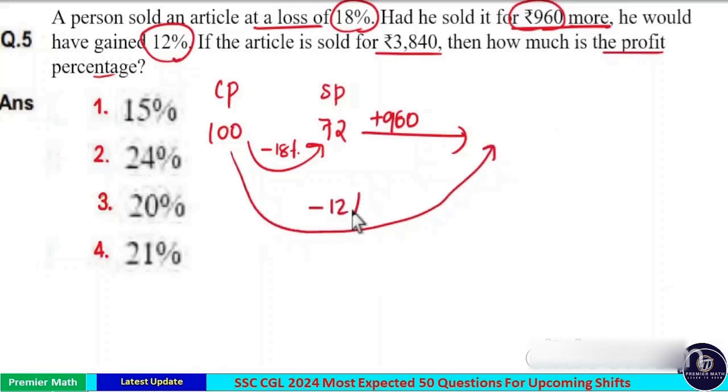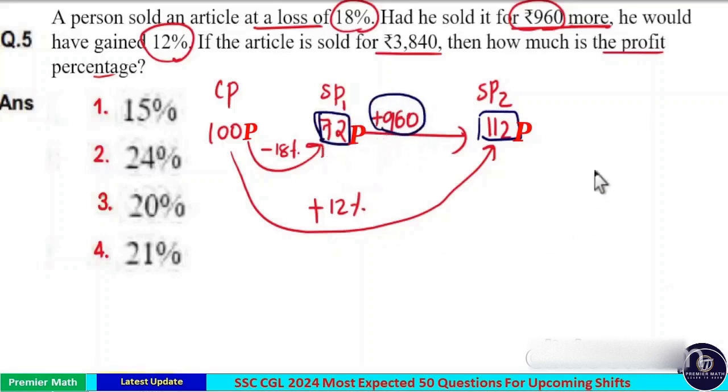12% gain means 100 plus 12, 112 is the second sell price. This is the first sell price. Now you can see here the difference between 112 and 72 is 960 rupees.